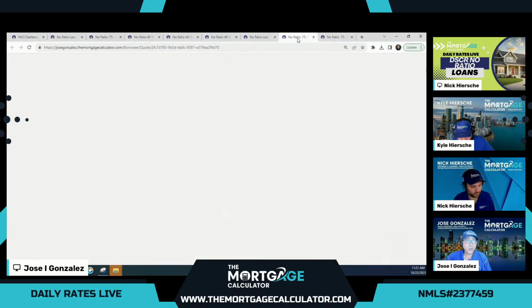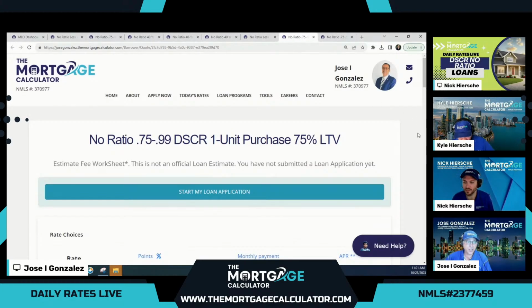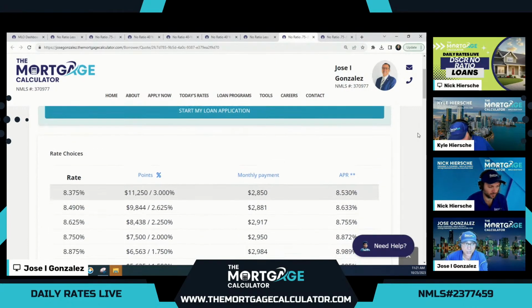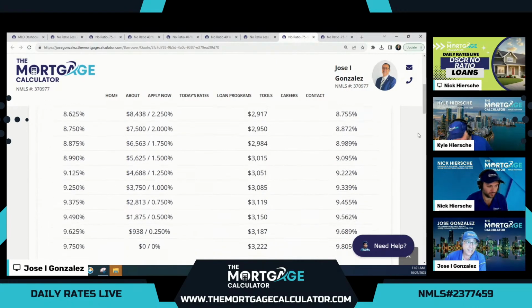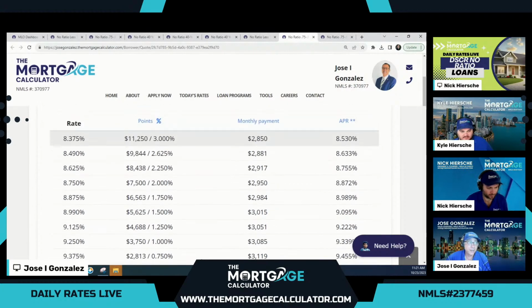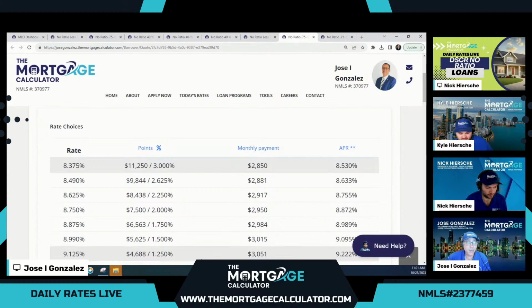So I will show you the relation now, because here at a 75% LTV, which is more the, I guess, common or traditional no ratio for the non traditional no ratio product, you can start at 9.75 as your par rate, but you can buy that all the way down to 8.375.